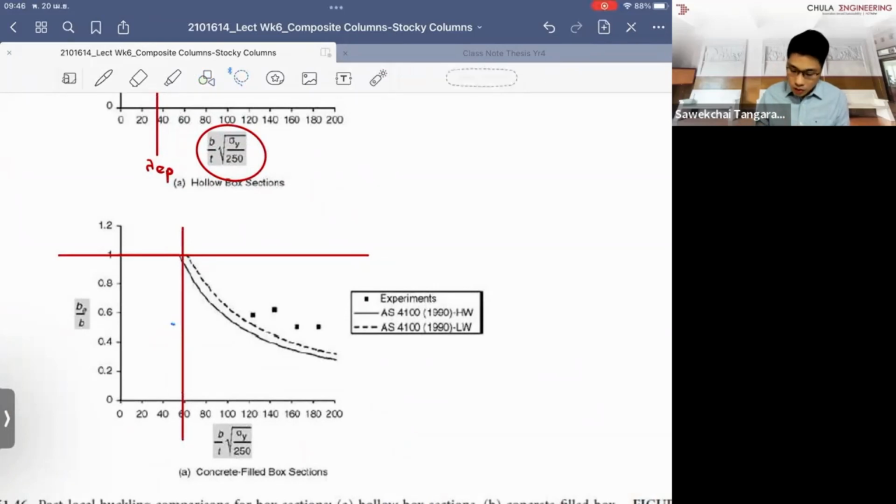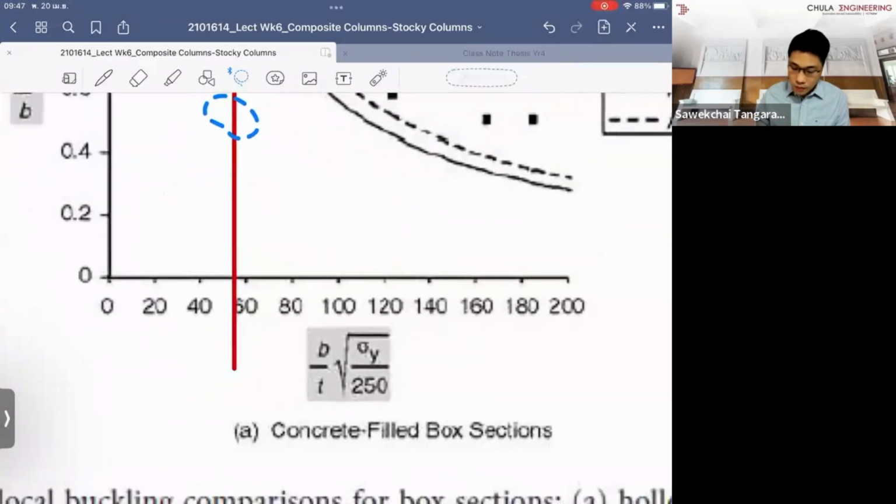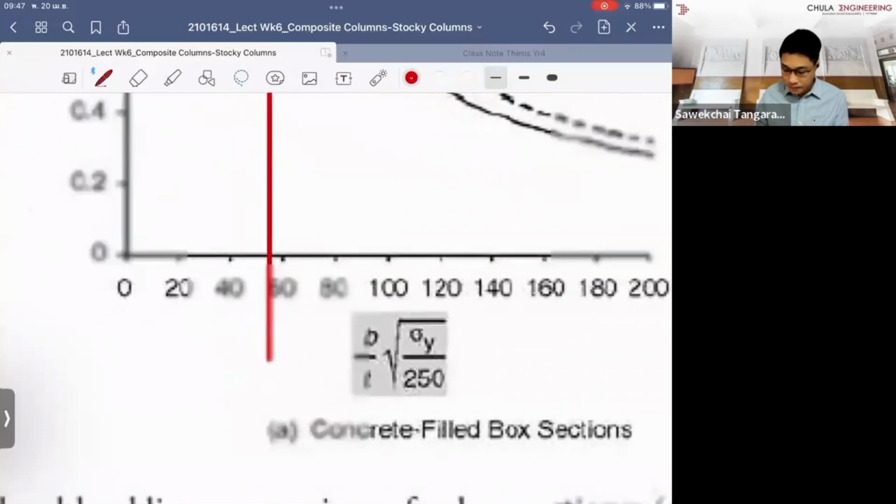So it allows the ratio of the slenderness to be more before it can buckle, right? The reason for this is because the steel has been restrained from buckling by the concrete that envelops it.